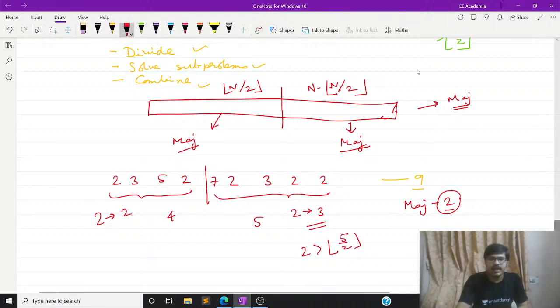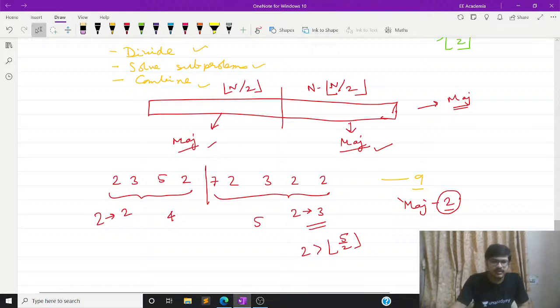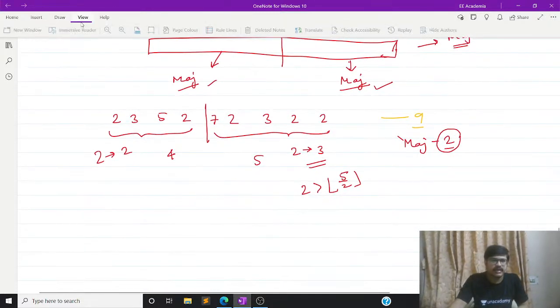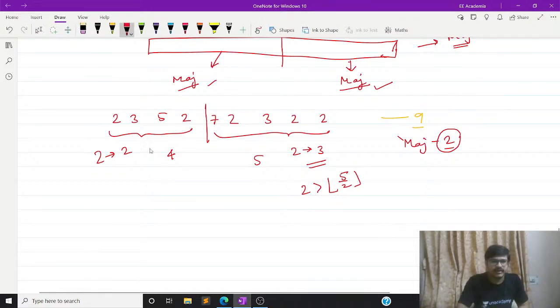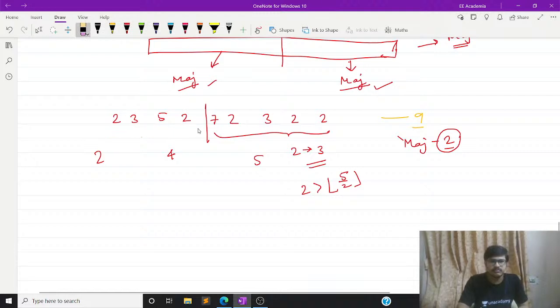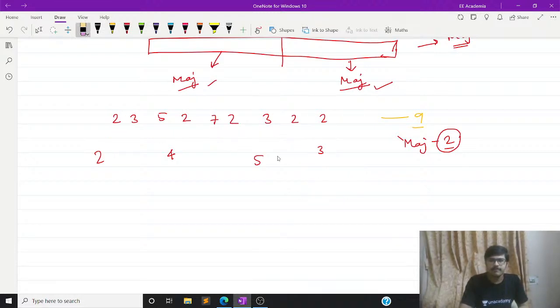So now we know that we need to find the majority in either the left half or the right half. Let's take this example only for our understanding, and I will explain the solution with this. Given this array, you divide the array into two halves.